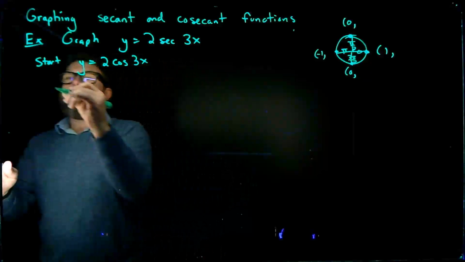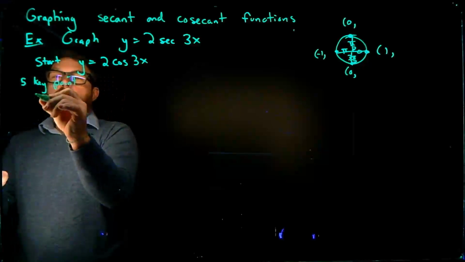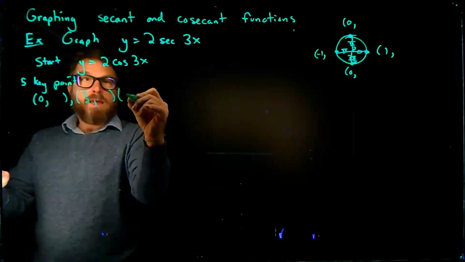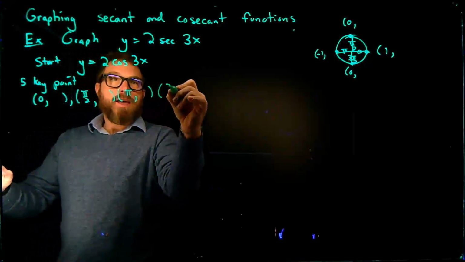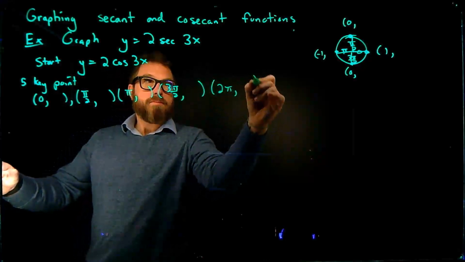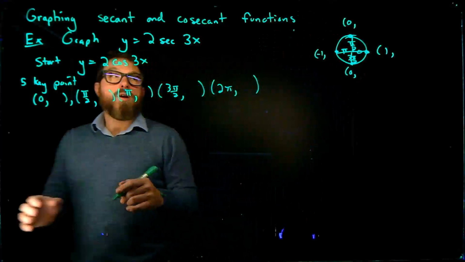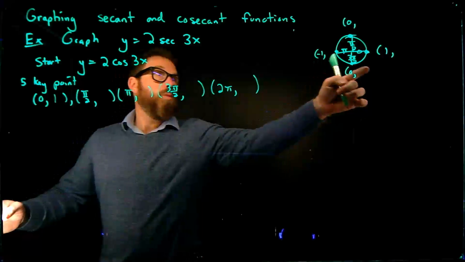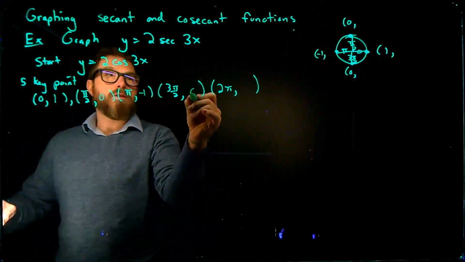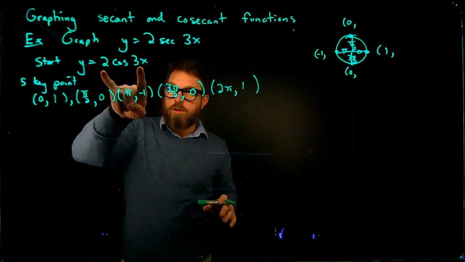So when I look at my 5 key points, we're going after angle 0, angle pi over 2, angle pi, angle 3 pi over 2, and then angle 2 pi. And then remember that the cosine are the x coordinates of these things, which I've done. 1, 0, negative 1, 0, back to 1. Okay, so now what do these things do? What does the 2 and the 3 do, respectively?